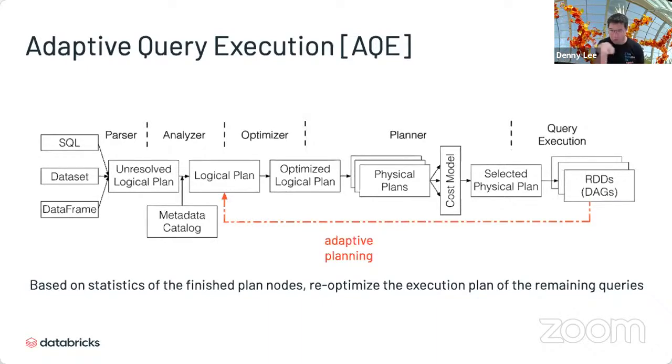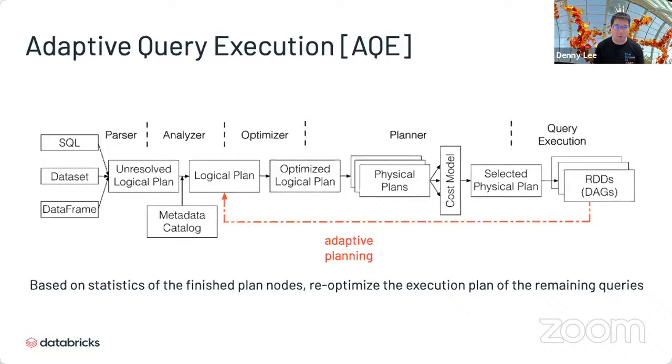That's what this red line is, right? We're basically saying, based on the statistics or the executions, what's unfinished so far, we can learn new things. And based on what we're learning, we can send that information back to the logical plan, reassess, and come up with new logical plans and subsequently new physical plans, and select maybe a better physical plan to complete the query faster, okay?